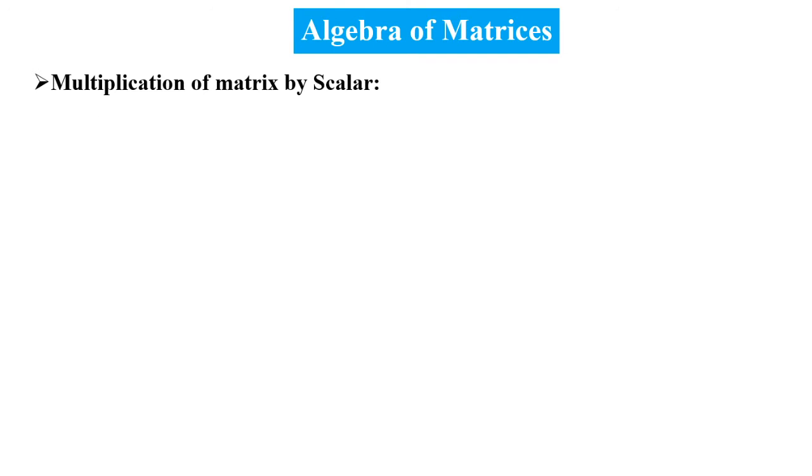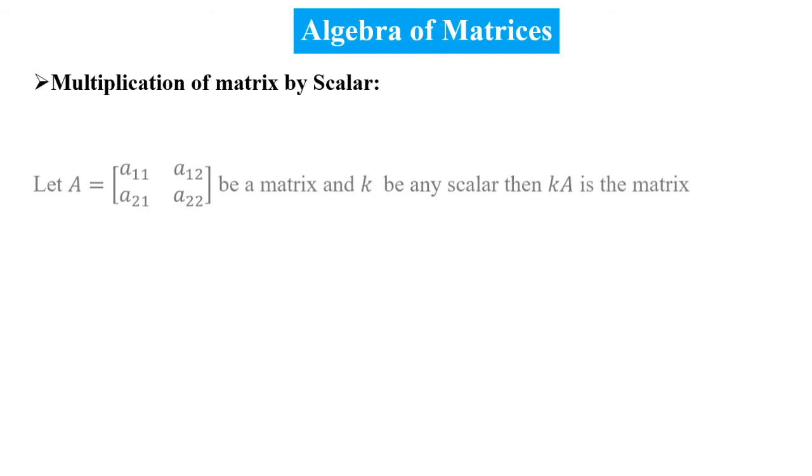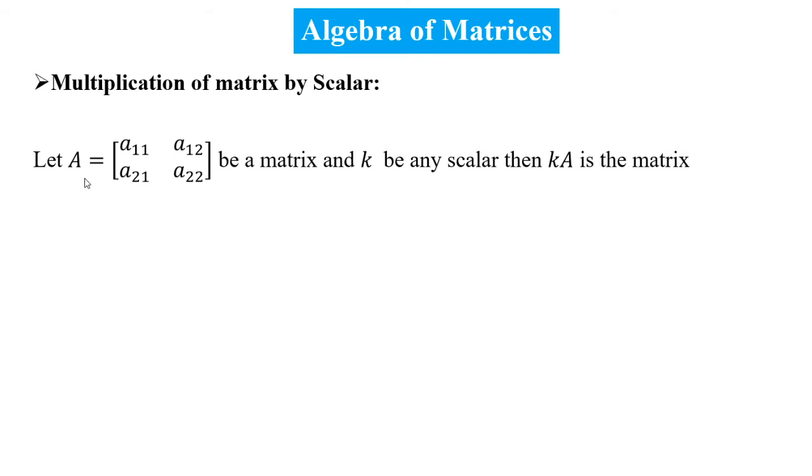Then multiplication of a matrix by a scalar. Let A be the matrix with elements A11, A12, A21 and A22, and K be a scalar. After multiplication by the scalar, KA is also a matrix.